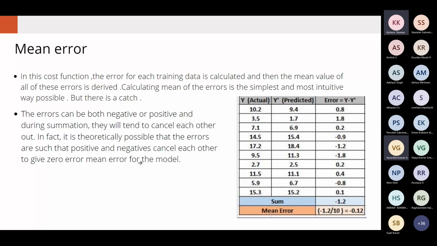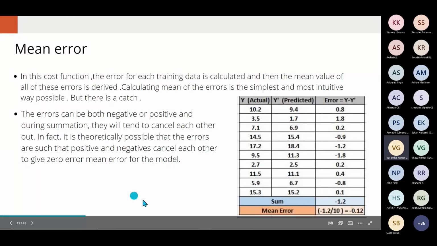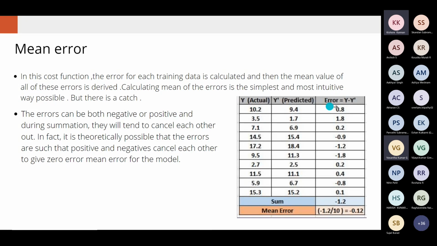So this cannot be used as a suitable cost function. But here's how we calculate it anyway. For each data point we find the error, just actual minus predicted value, and then we sum it up and take the average.